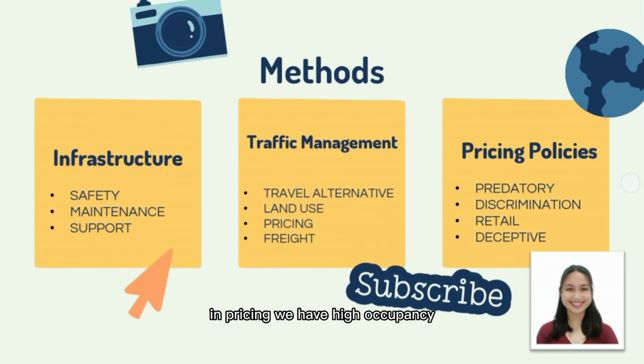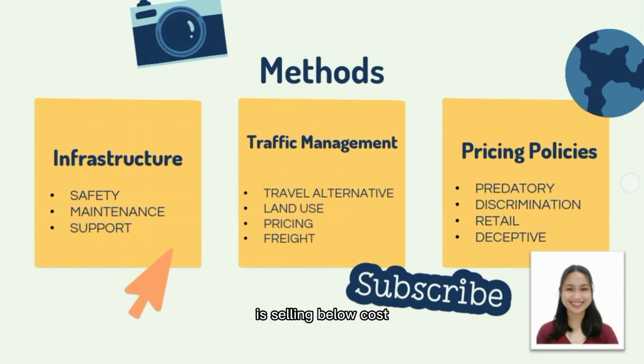In pricing, we have high occupancy toll lanes or HOT, time of day pricing, and parking pricing. In freight, we have truck-only toll lanes and lane restrictions. And next, we have pricing policies. In pricing policies, public policy and pricing, we have predatory pricing.